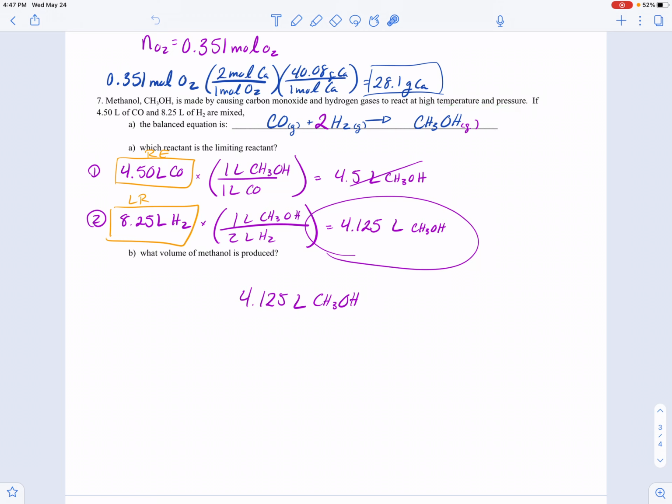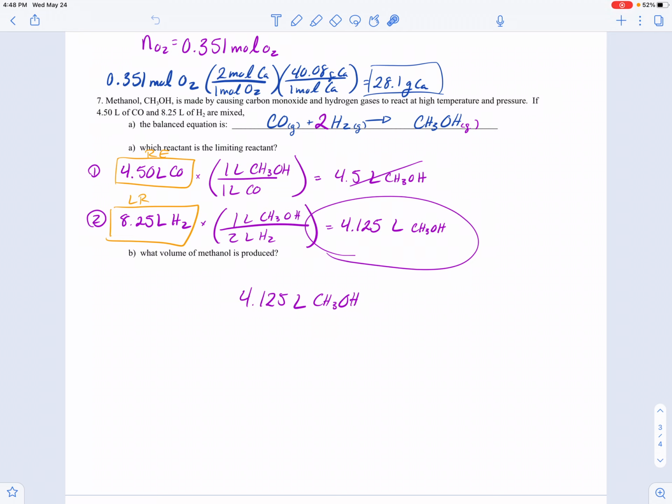You could also technically use 22.4 liters for this and go to moles. Your answers will come out the same. It's just one extra step. So I do my liter to liter ratio, and then I find out that 8.25 liters of hydrogen gas can only make 4.125 liters of methanol.